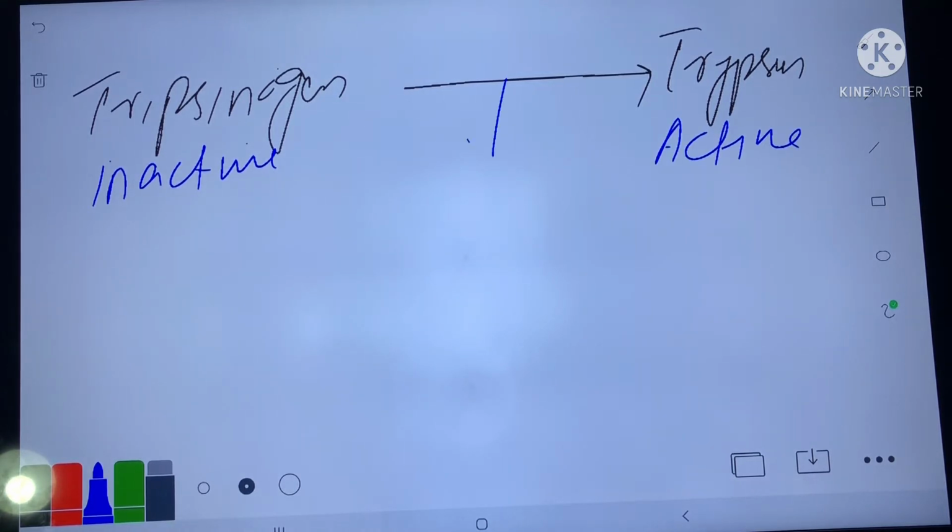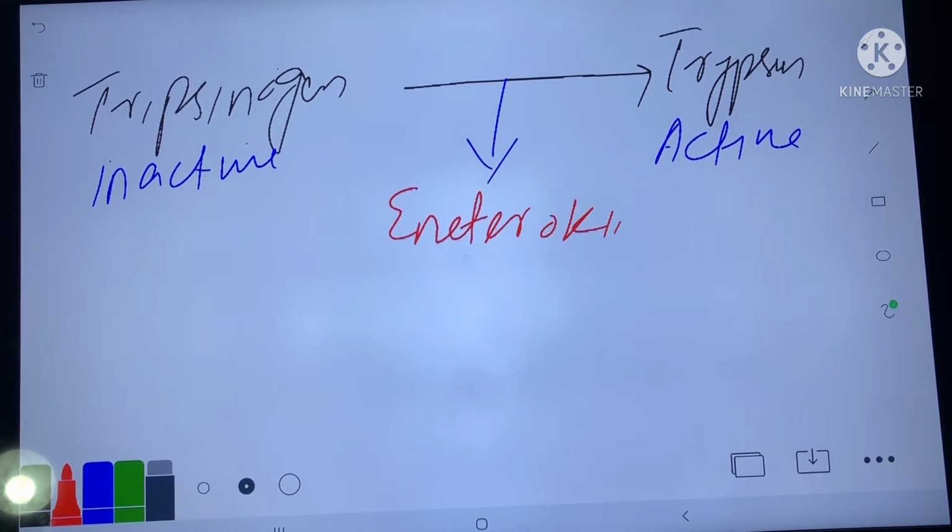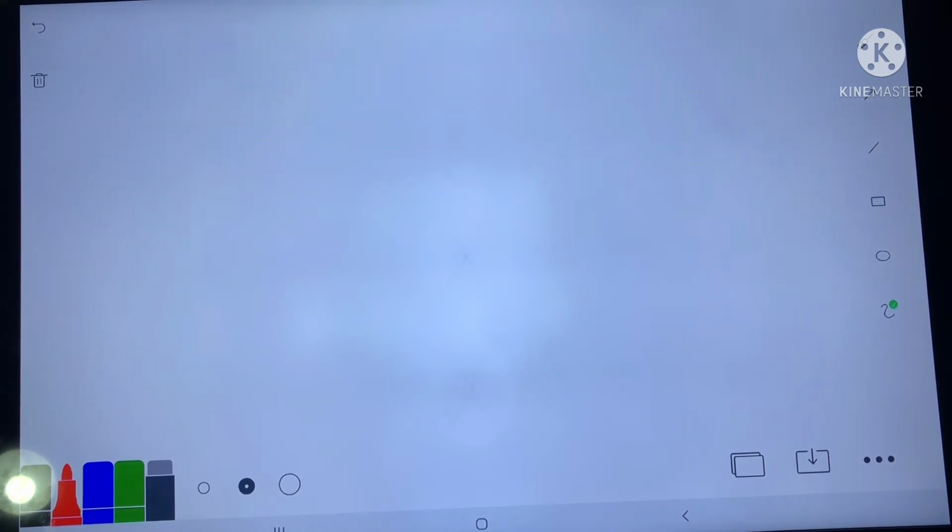These are converted by an enzyme called enterokinase, which is present inside the small intestine and does the conversion of trypsinogen to trypsin.